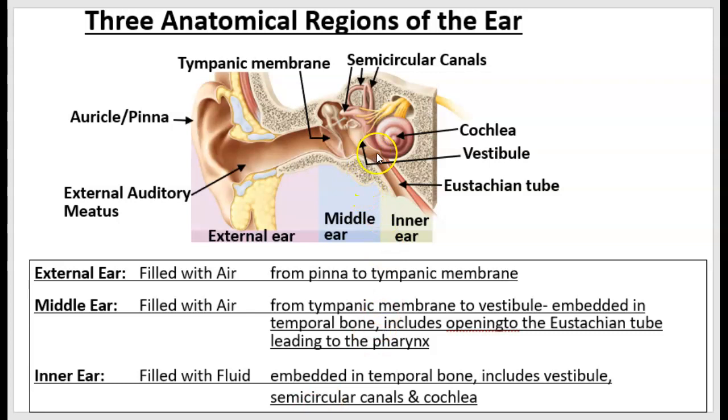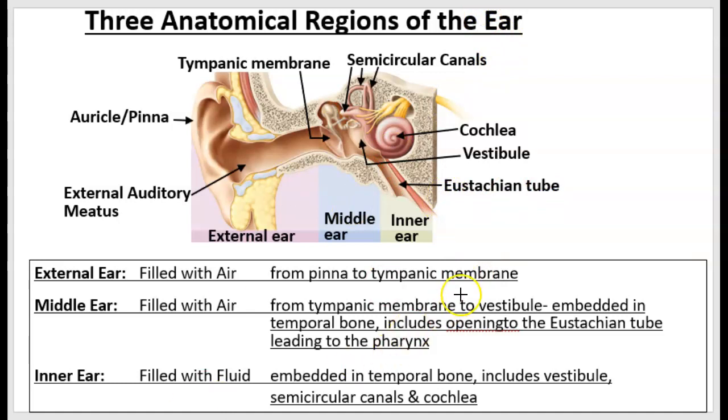This middle ear is entirely embedded in the temporal bone, a skull bone. And it includes the auditory ossicles, which we learned about, and an opening that goes into our pharynx, high up in the back of our throat. And this is called the eustachian tube right here.